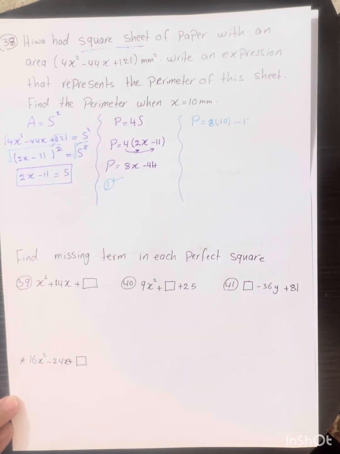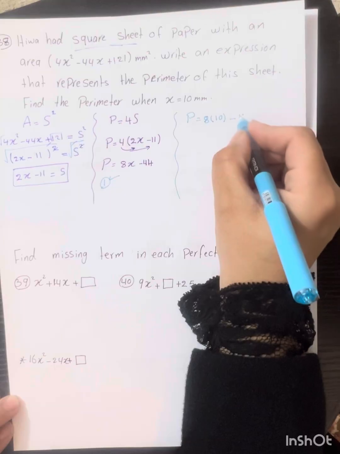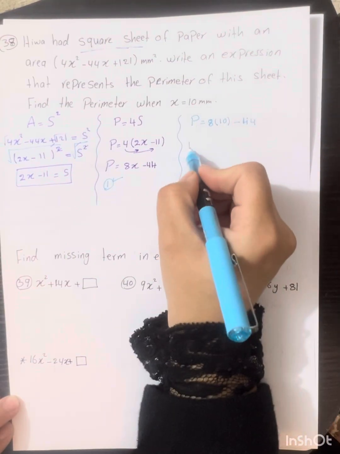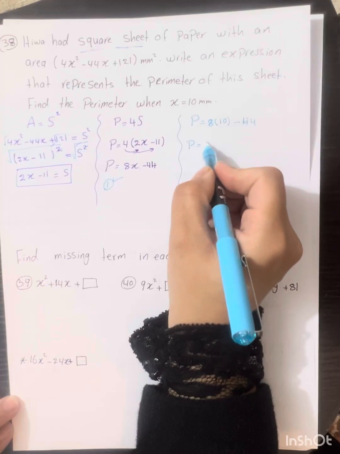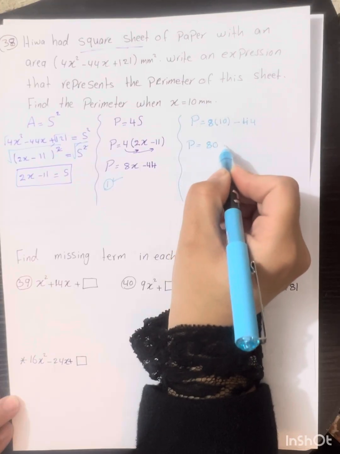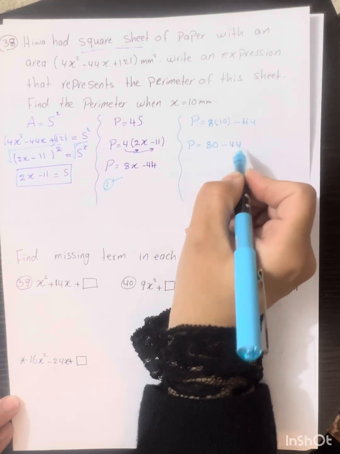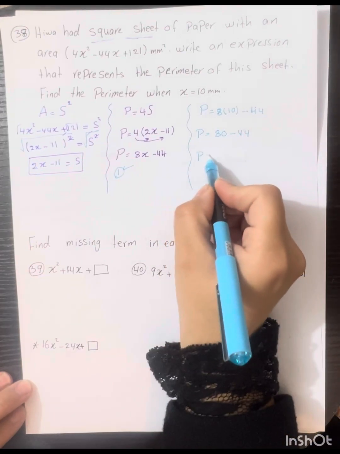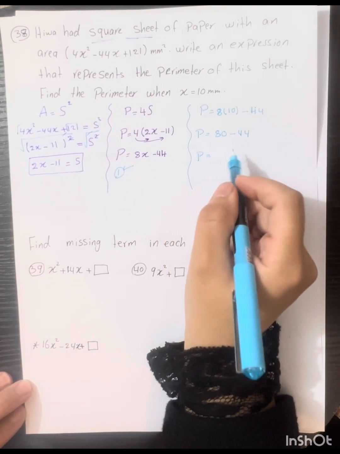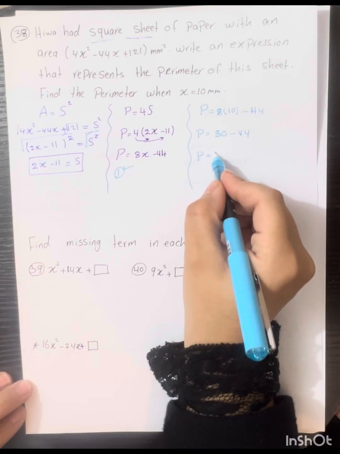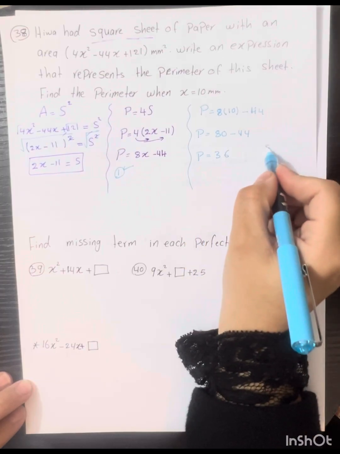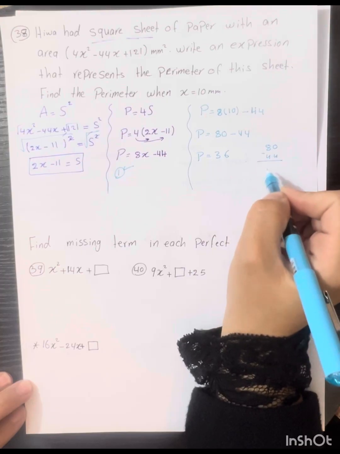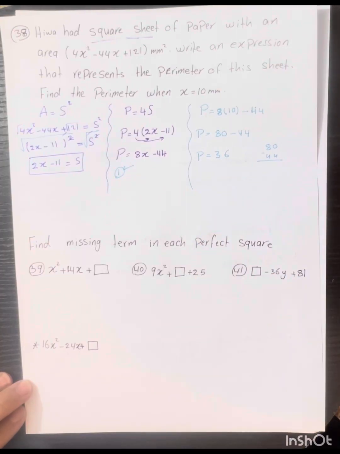Sorry for this mistake. Minus 44. Okay, then p equals 80 minus 44, which will be 36. The answer is 36.